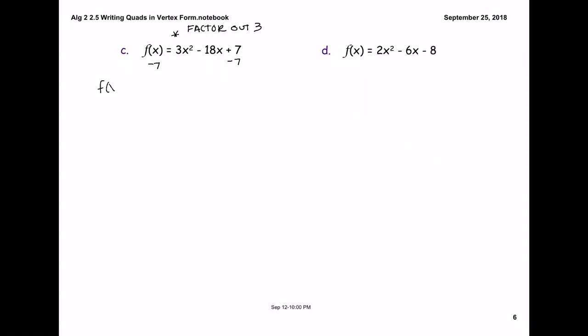So we get f of x minus 7 equals 3x squared minus 18x. When I factor out a 3, that's the same as dividing. So we have 3 times the quantity of x squared minus 6x.